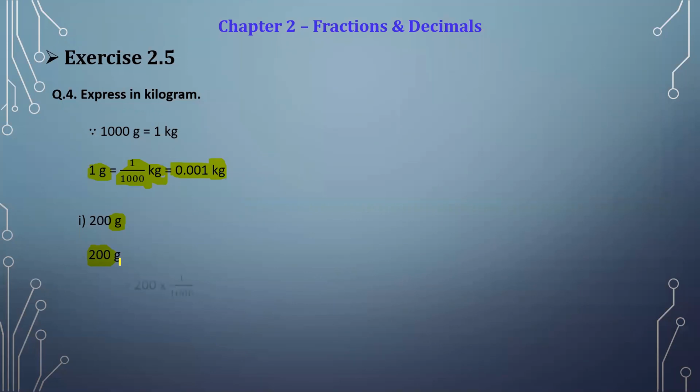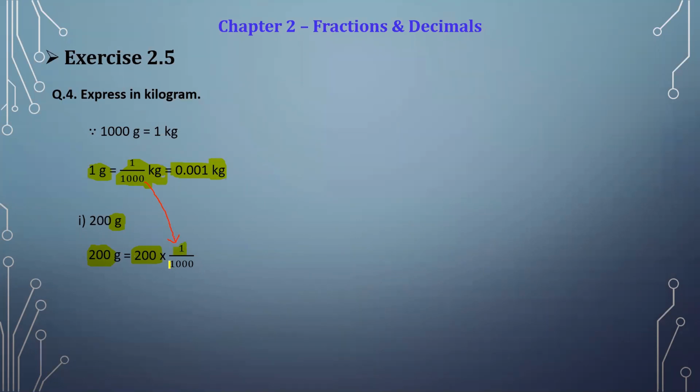Therefore, the conversion is like this: 200 into, we had used the conversion. Here the value of 1 gram we have kept in the multiplication place. So therefore 1 upon 1000.